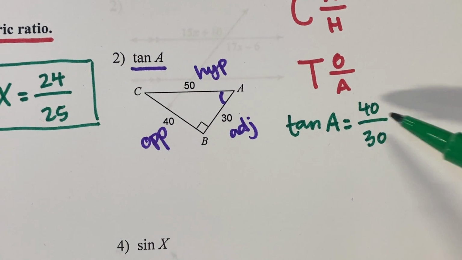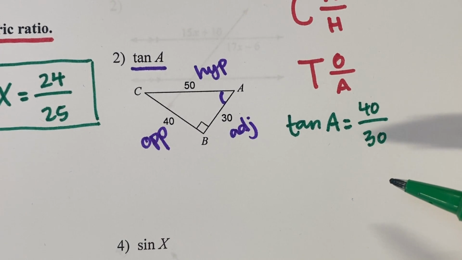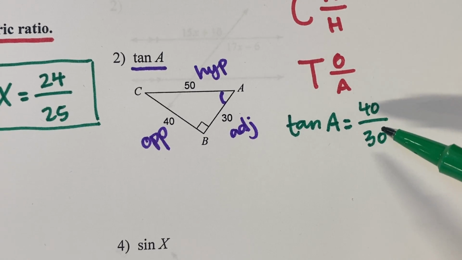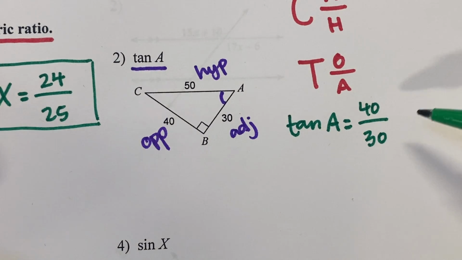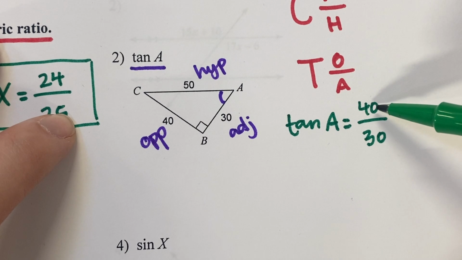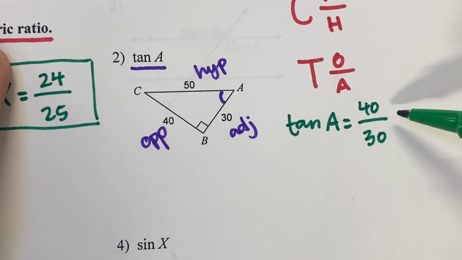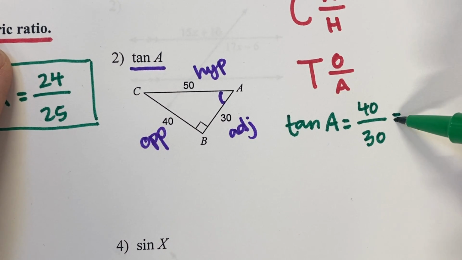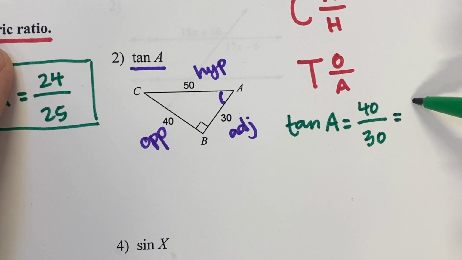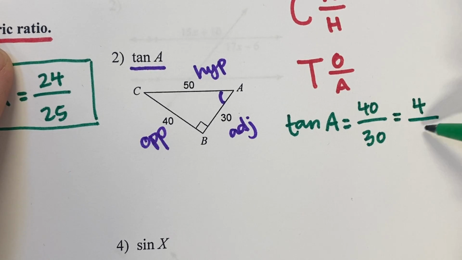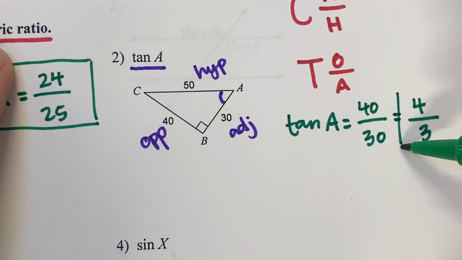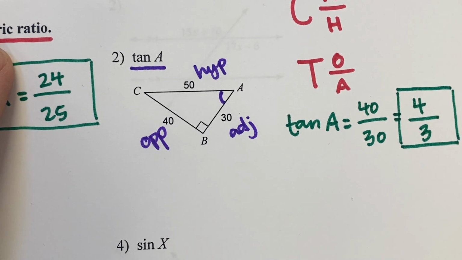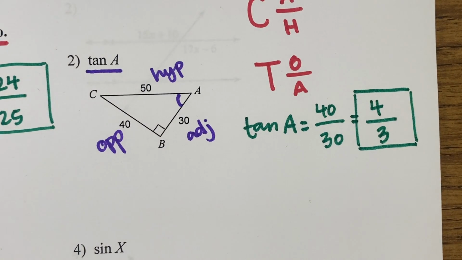Now, if you were to enter this into your computer, this is technically right, but it might mark it wrong because it's not reduced. We can divide each of these by 10, which gives us 4 over 3. So our final answer is 4 over 3, the reduced fraction.